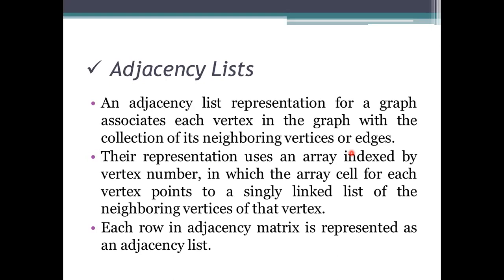There we were storing the data of the matrix. Here we will store whether it has an edge. We need to store the vertex to which the edge is going. That means if there is an edge between 1 and 2, from 1 there is an edge to vertex 2, and that has to be specified here.